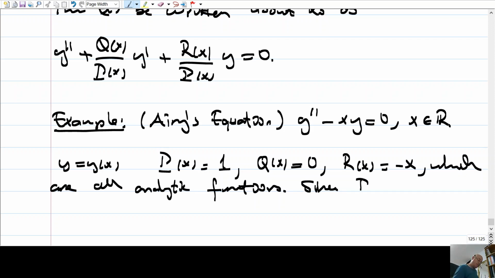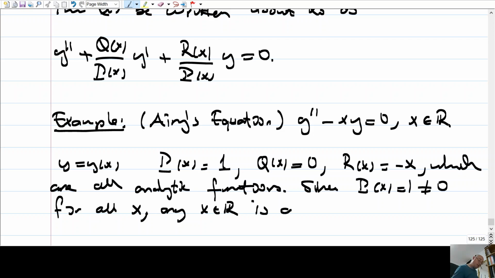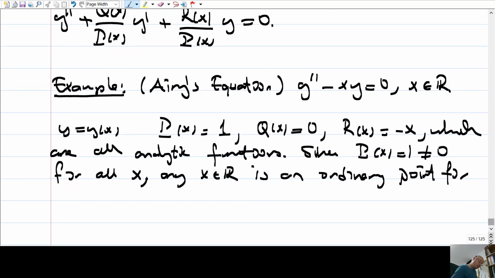Since p(x) is the constant function 1, and this is not 0 for all x, any x in R is an ordinary point for the Airy equation.